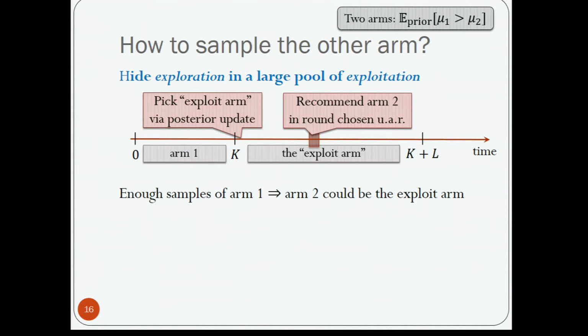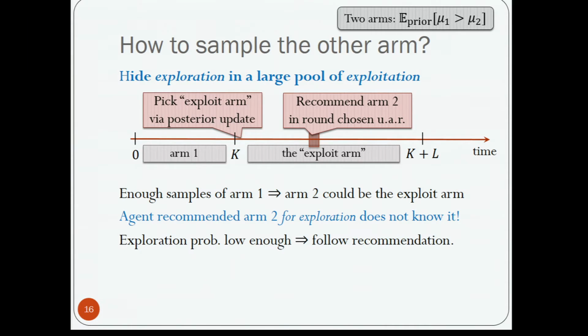So what is going on here? The first thing is, if we collect enough samples of arm 1, then we make sure that it's possible for arm 2 to be the exploit arm. There is a non-zero probability that it could happen. And then when an agent is recommended arm 2, it doesn't know why. It could be because it's exploration, or it could be because arm 2 is now the exploit arm.